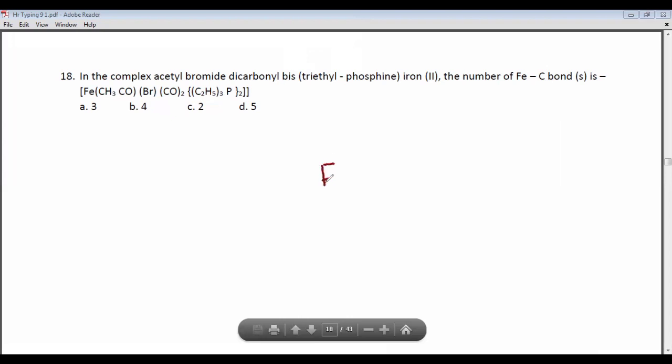So listen, here in acetyl, when the acetyl group is your ligand, the coordination is by means of what? Carbon. By means of carbon actually. Okay.